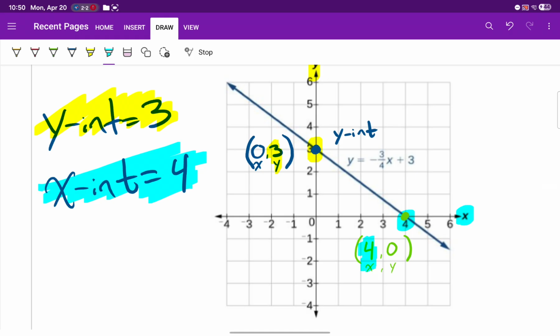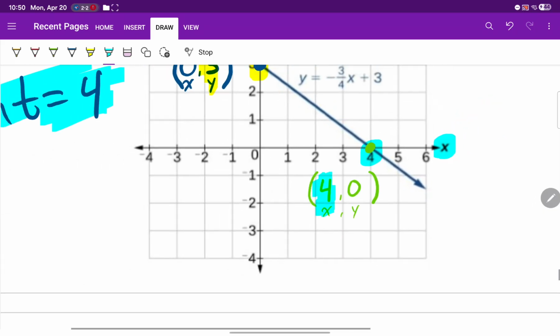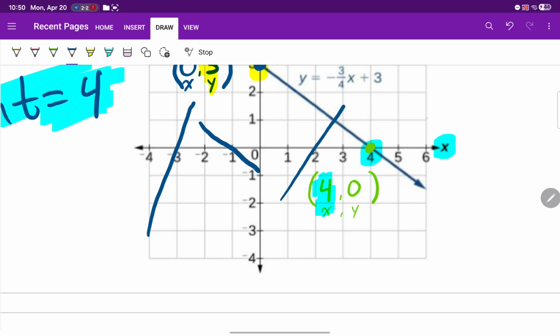Now, what is very, very important here is that when we are looking at our x-intercept, if I were to draw a whole bunch of different lines, let's say I drew this line, this line, this line, and this line, my x-intercepts are here, here, here, here, all along the x-axis.